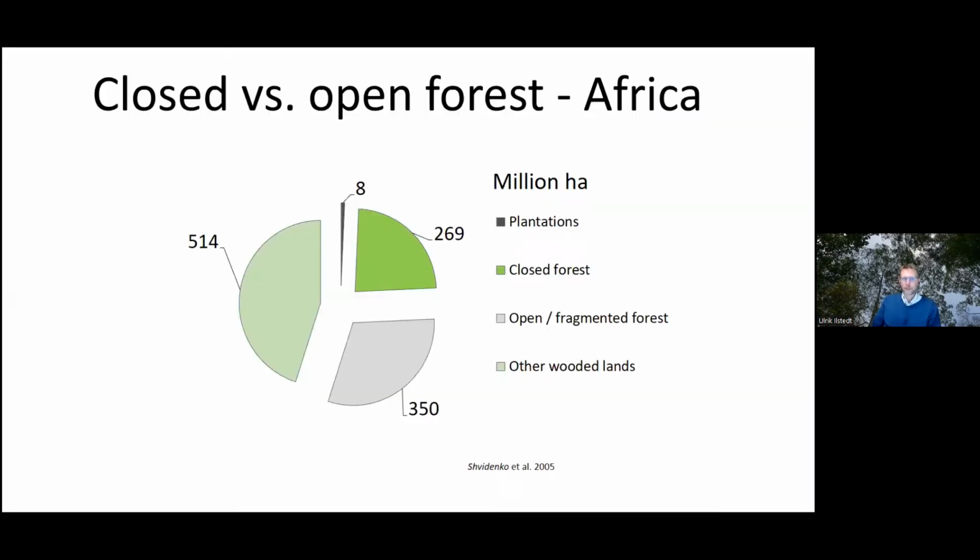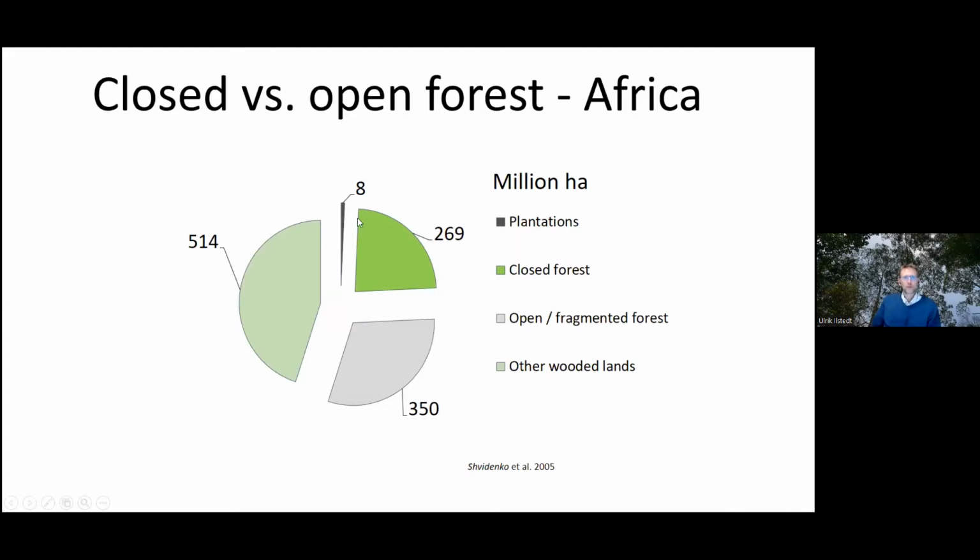So I looked at the literature, and now this is starting to get a little bit old, but still I think the proportions are more or less valid. We can see that plantations are only a little fraction of the total forest in Africa. If you look at it now, it might be 14 million hectares of plantations, according to FAO, in Africa.